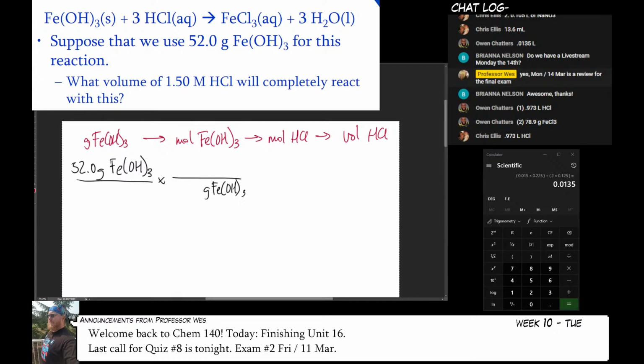All right, so we'll turn grams into moles. I don't know how many grams there are in a mole of this, so let me check. Fe(OH)3: 106.87. Okay, cool. And then I want to turn that into moles of HCl.